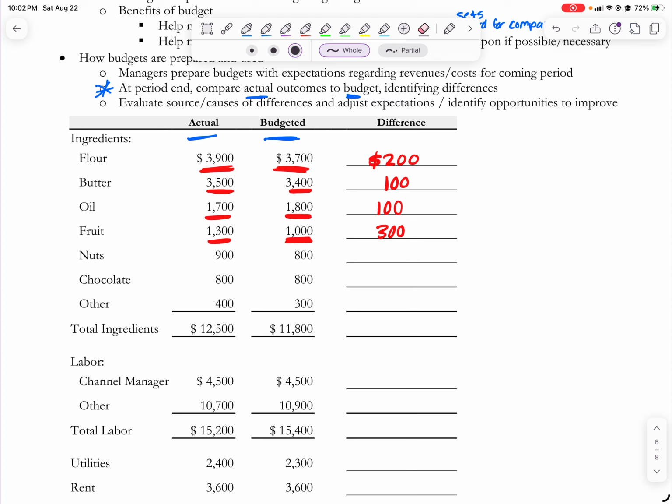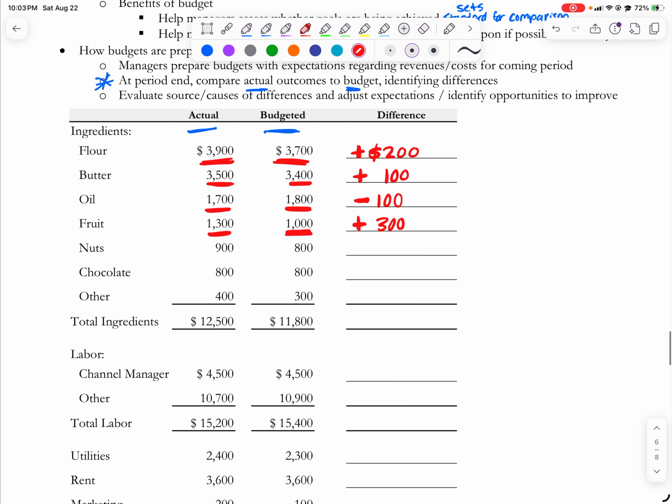I'm sorry, let me reshift how I'm focusing or how I'm doing these. Let's say costs are $200 higher. They were $100 higher here, $100 less here, $300 higher here. Nuts.